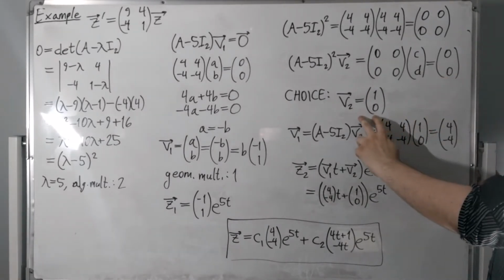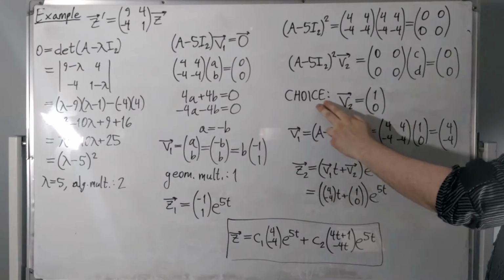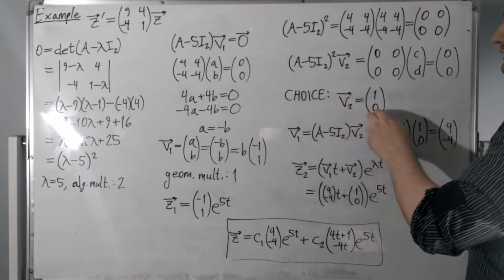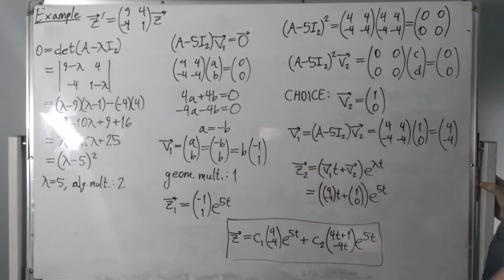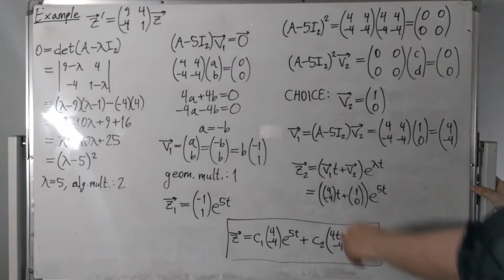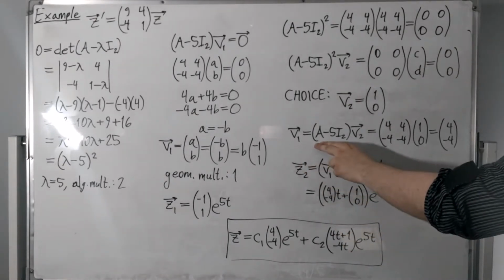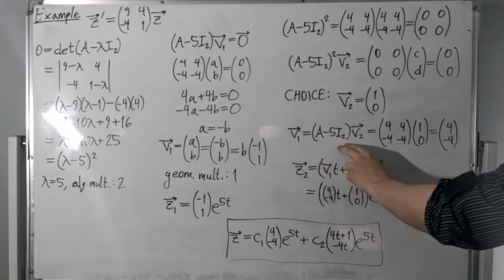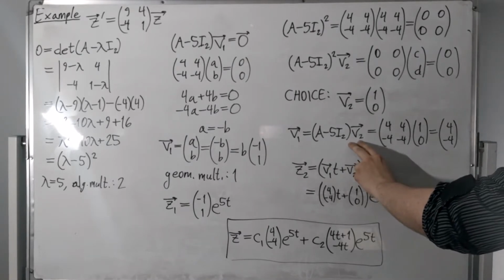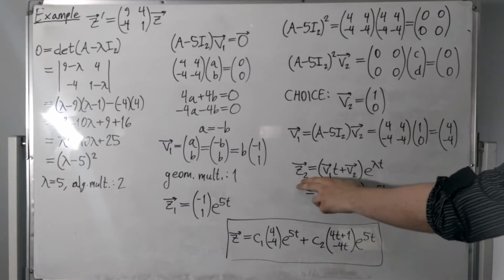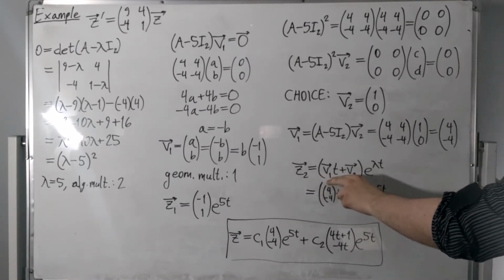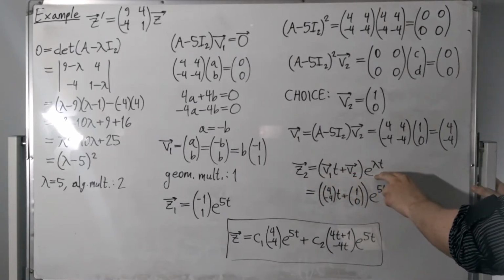Well, literally any vector would do that, so just make a choice. Your choice has to be not the zero vector, and not one of the eigenvectors. But other than that, anything is fine. You find a compatible eigenvector by multiplying A minus lambda I2 by your generalized eigenvector of rank 2. Then you construct the basis solutions as v1 t plus v2 times e to the lambda t.